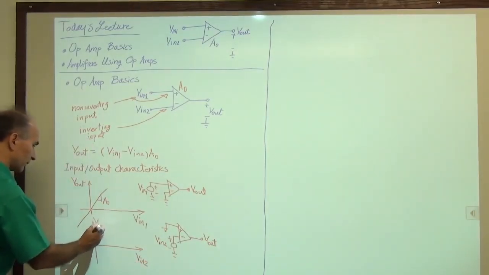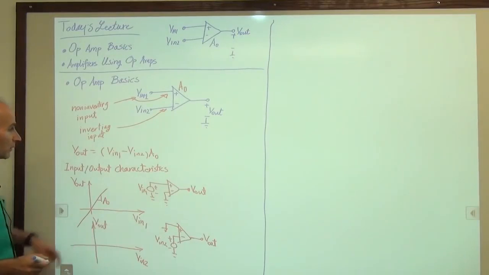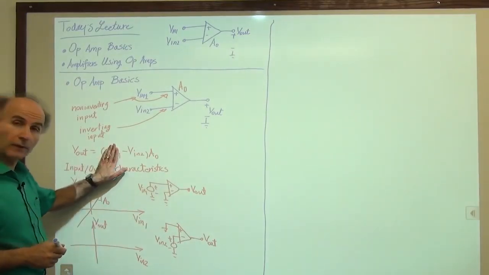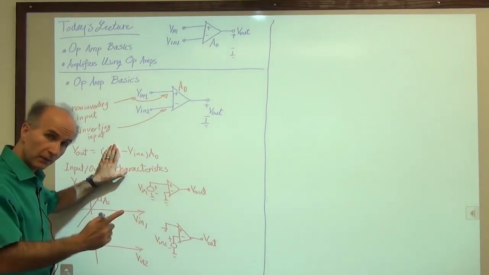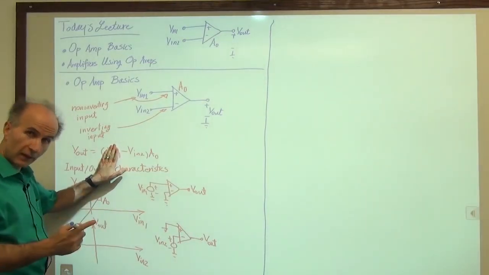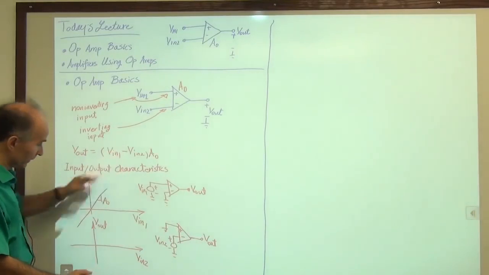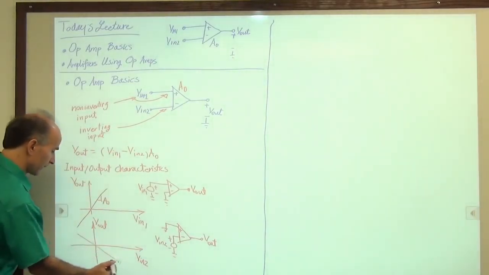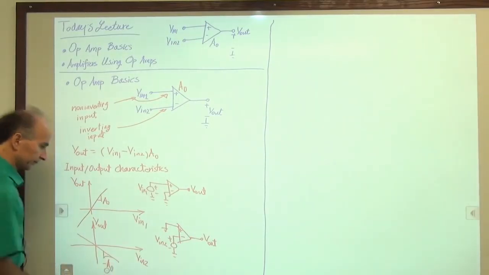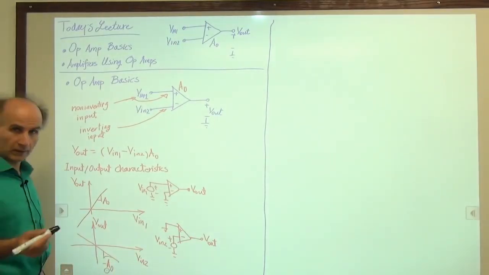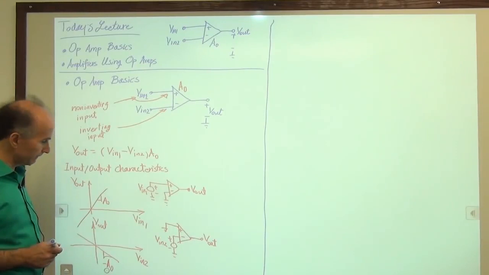And here's V out. And what we see is that if V in 1 is 0, V out is equal to minus A0 times V in 2. So it's a straight line, but it has a negative slope. So it goes like this, and the slope is minus A0. Okay, it's a pretty simple concept.